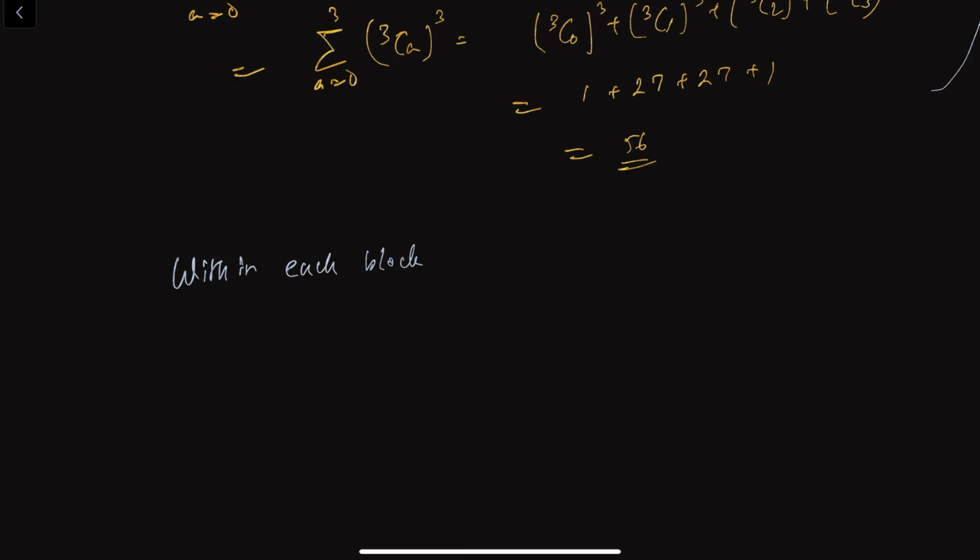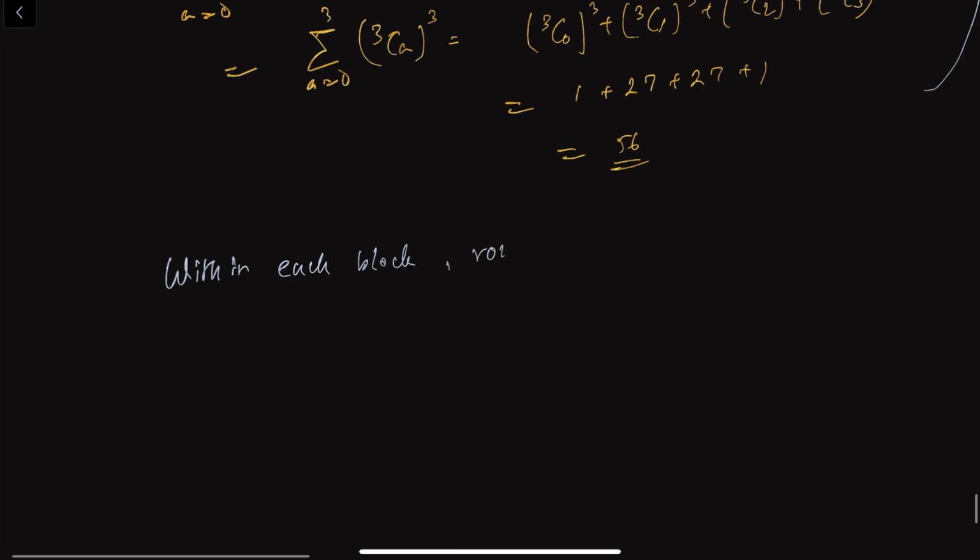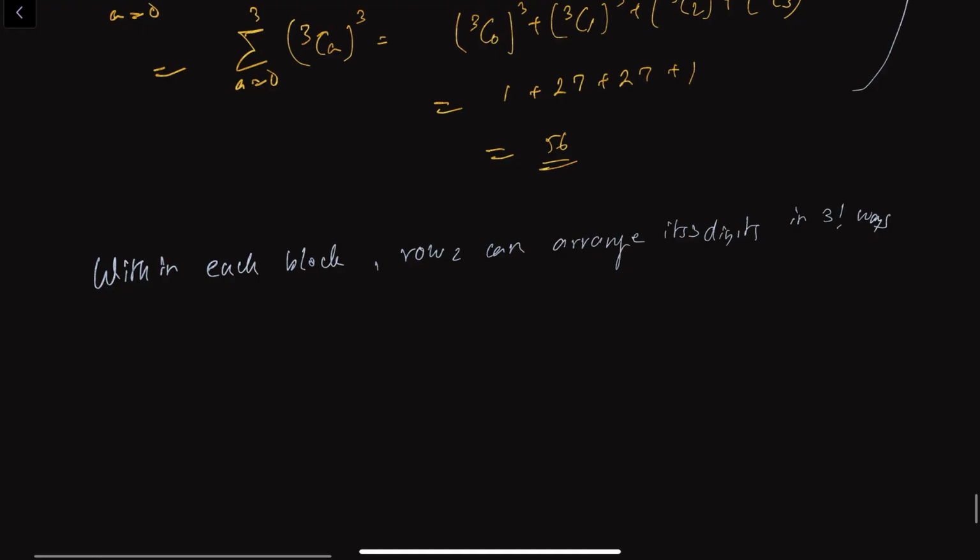So within each block, row 2 can arrange its 3 digits in 3 factorial ways. That means row 3 automatically gets the other 3 digits, and that is also permutable, right? Because row 2 we have already arranged.